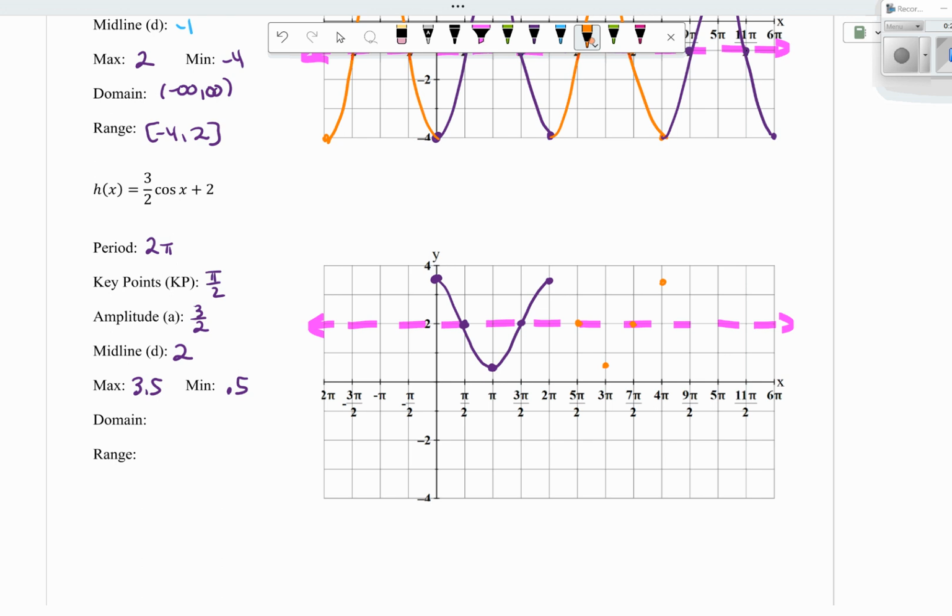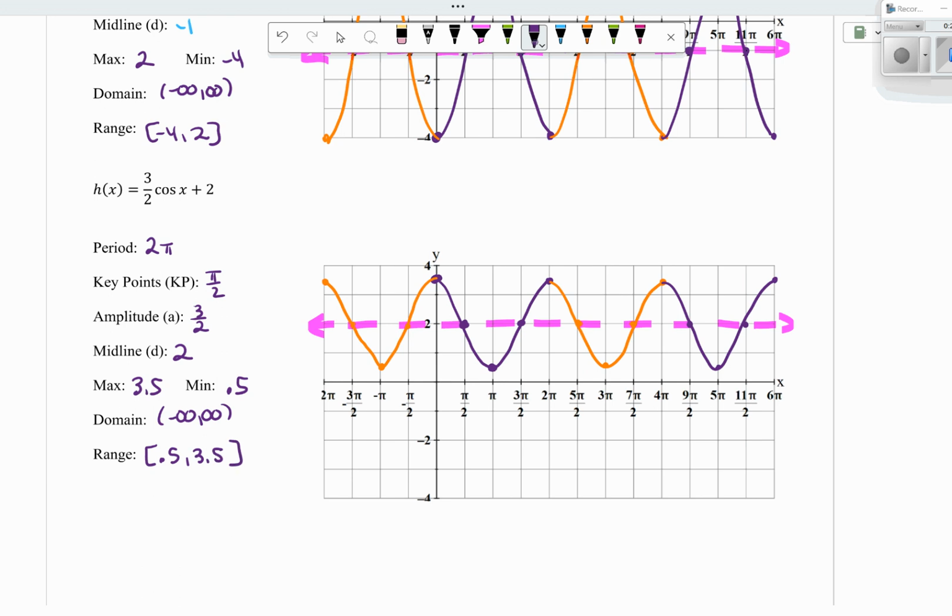And then we can continue that pattern to get a second wave and a third wave and then a fourth wave. Again, I don't expect you guys to have to do the transformations anymore, but if it helps you to do them, you can. Domains all real numbers, and the range goes from 0.5 to 3.5.